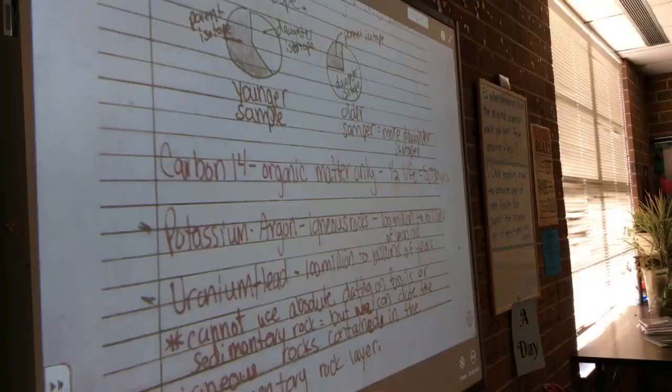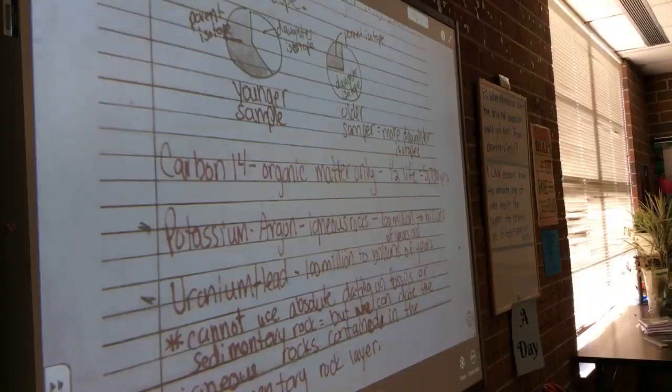Potassium argon is the one that's 1.26 billion years half-life. So a potassium argon isotope takes 1.26 billion years to lose half of its radioactivity. Uranium lead has a half-life of 4.46 billion years.